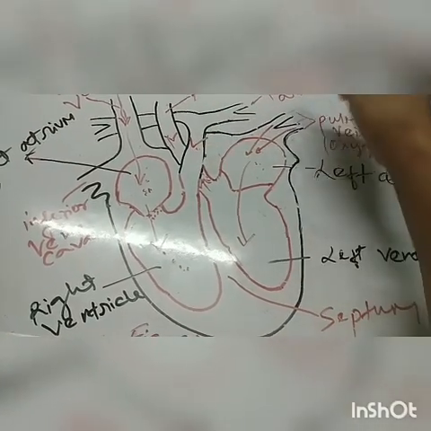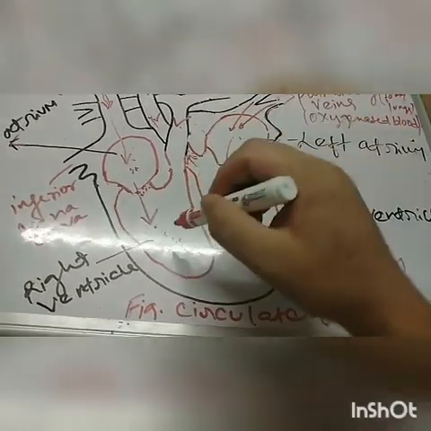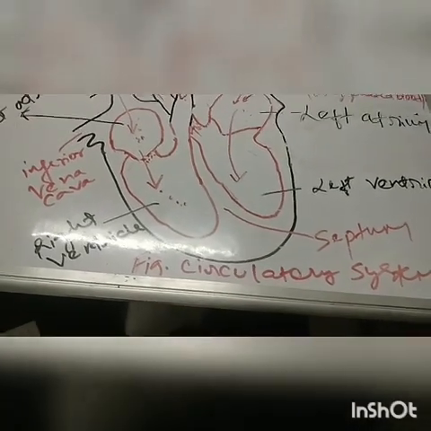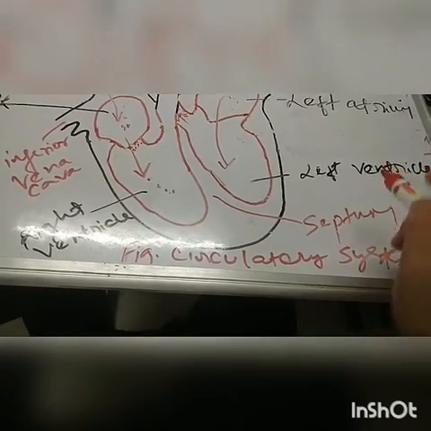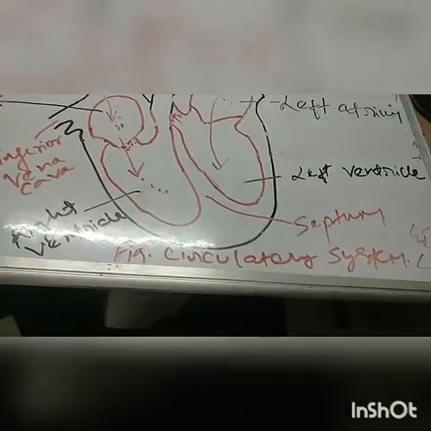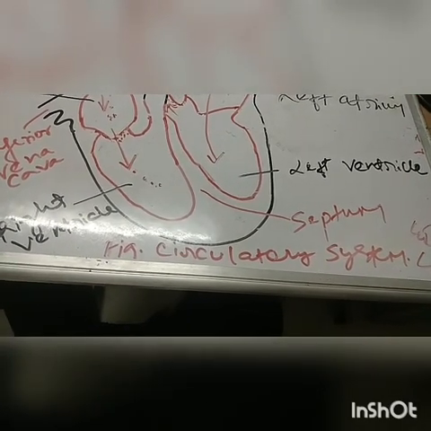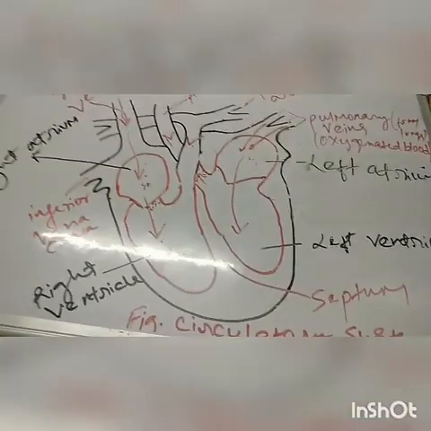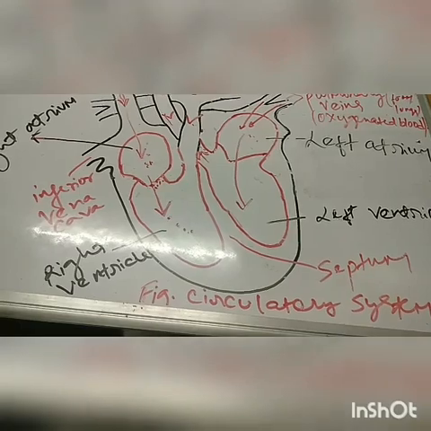Alright, and the pulmonary arteries take blood from the right ventricle to the lungs, and in the lungs the exchange of gases takes place, and the deoxygenated blood is converted to oxygenated blood, right?